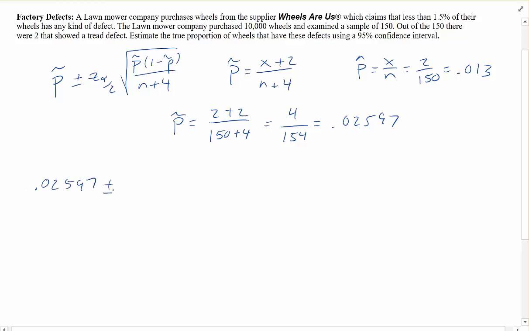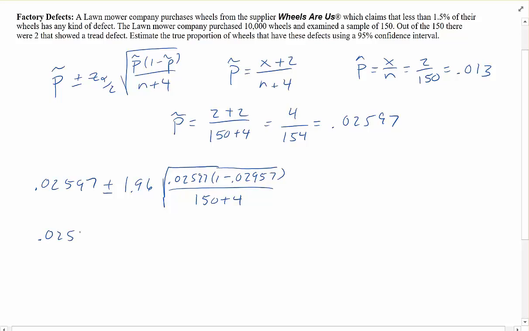So to build my confidence interval, I have 0.02597 plus or minus z alpha over 2. 95%, that'd be 1.96, and then the square root of 0.02597 times its complement and divided by the sample size, 150 plus 4.